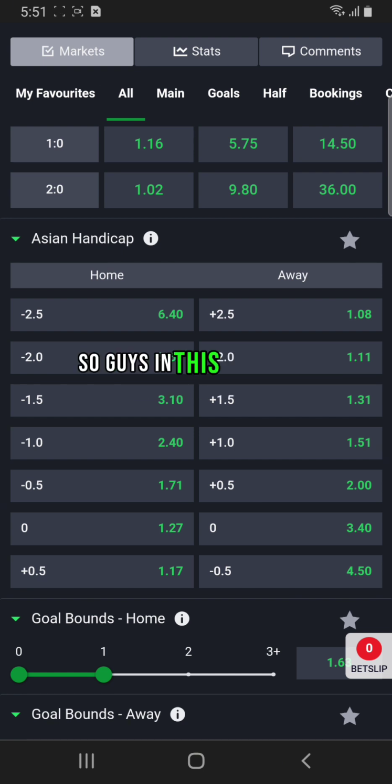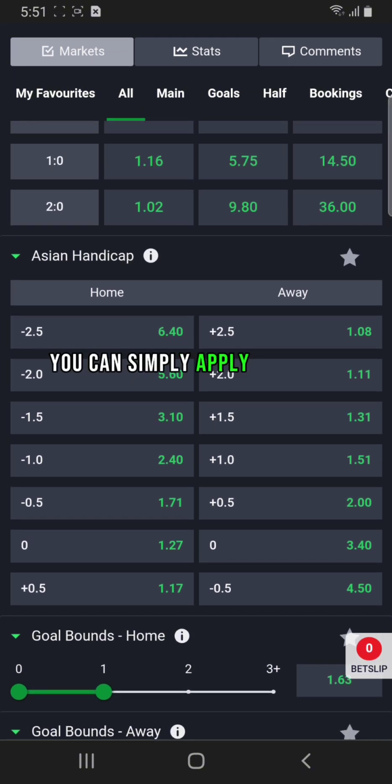In this Asian Handicap, you can simply apply these tips or tricks in football. You can as well do that in basketball, as well as rugby, even tennis. But in basketball, for example, the handicap must be given in points, not in goals.